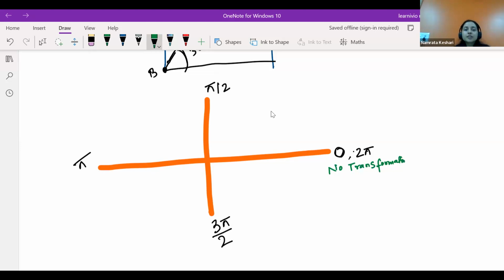And here transformations occur on the y-axis. What does that mean? Now I will explain.